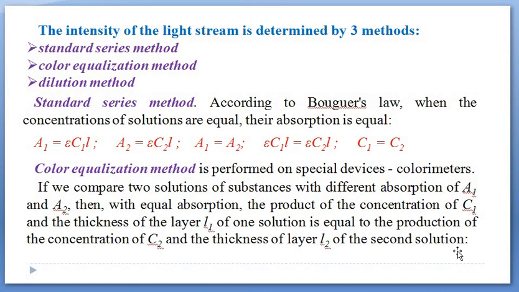Color equalization method is performed on special devices, colorimeters. If we compare two solutions of substances with different absorption A1 and A2, then with equal absorption, the product of the concentration C1 and the thickness of the layer L1 of one solution is equal to the product of the concentration C2 and the thickness of layer L2 of the second solution.